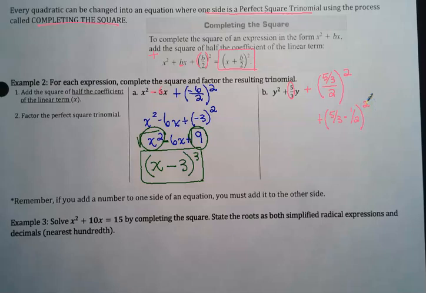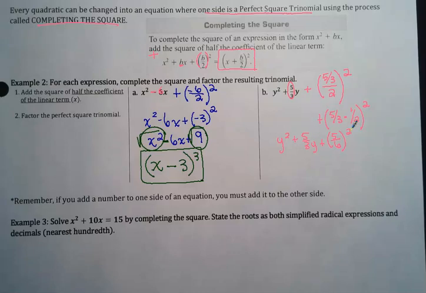Okay, so to do the math, that gives us y squared plus 5/3 y plus 5 times 1 is 5, 3 times 2 is 6, and then that's squared. Now, here's the thing. Maybe you've caught that.